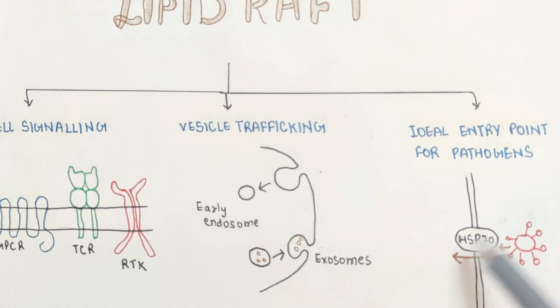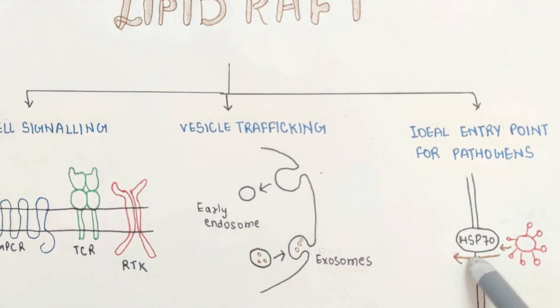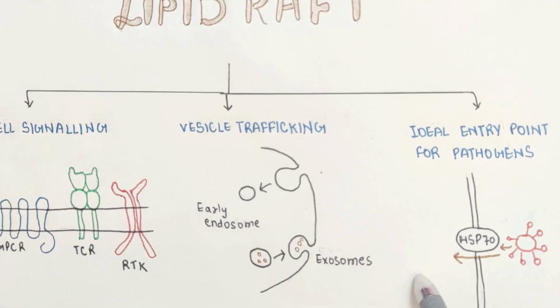For example, in the case of Japanese encephalitis virus, HSP70 acts as an integral part in the binding and entry of the virus inside the cell. That is why researchers are designing certain drugs that can disrupt these raft domains to prevent raft-associated entry of pathogens into the cell.